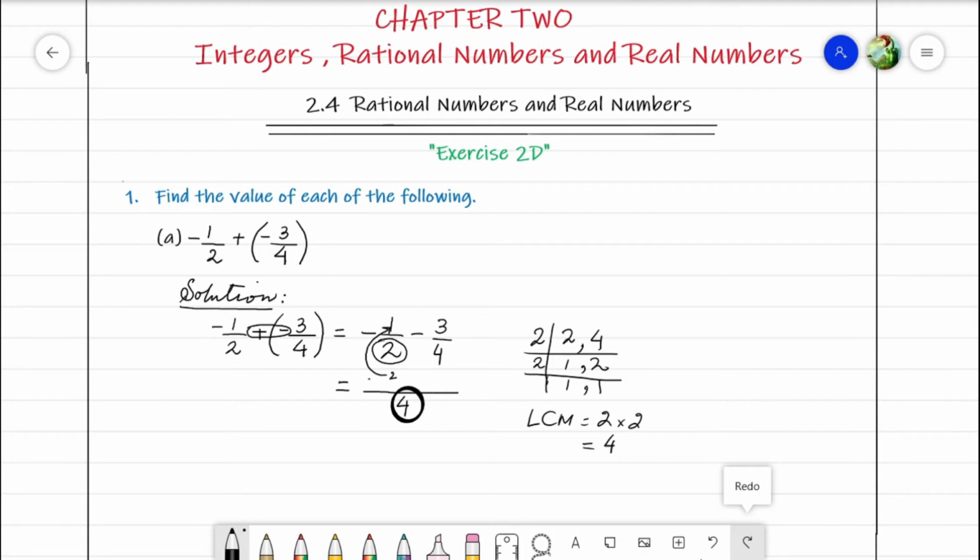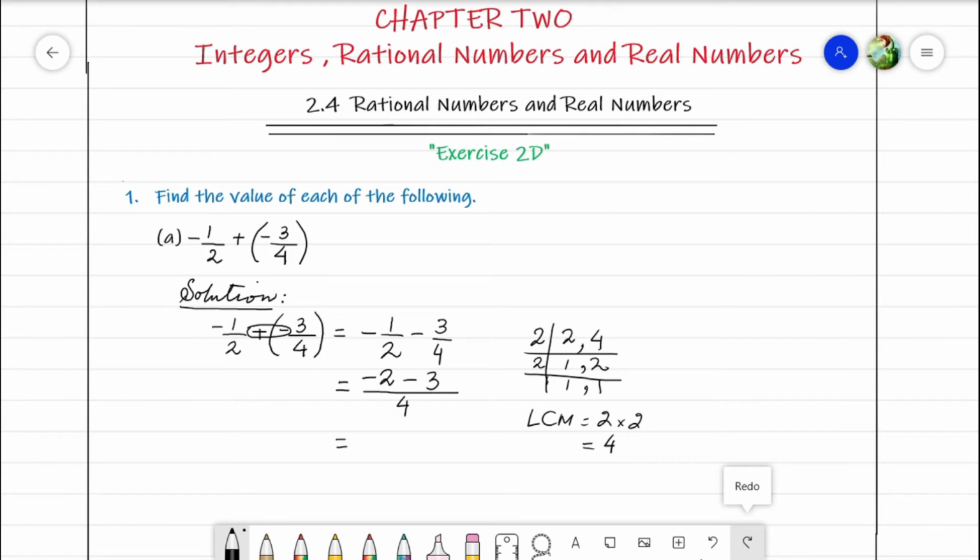What would be my answer? My answer would be 2. So I will write here, this negative sign will come here and this minus sign also comes here. Now again 4 ones are 4, and I will multiply this 4 by 3. 1 threes are 3. So my answer would be 3, like this.